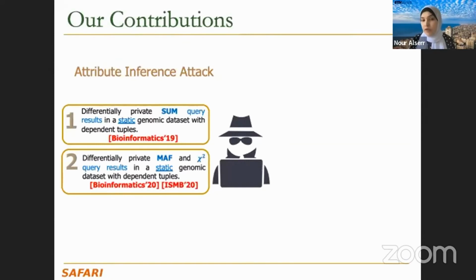One good example for a dynamic dataset is the clinical data or the hospital's data, where patients can join and leave anytime. But here we are talking about one-time updated data, which is a static dataset, and we use the results from some query, MAF, chi-square, to infer the genomic data of one target or one victim.